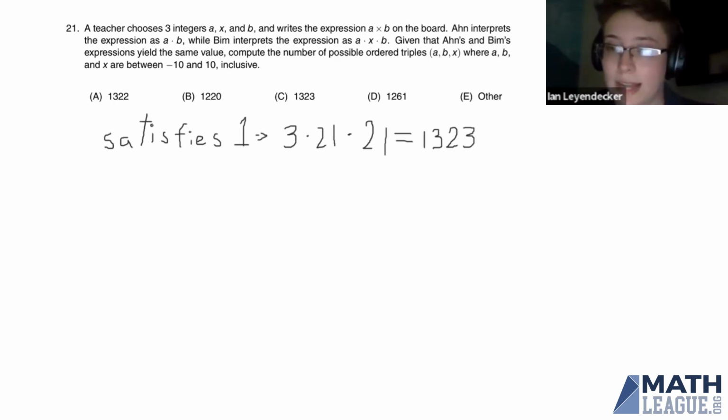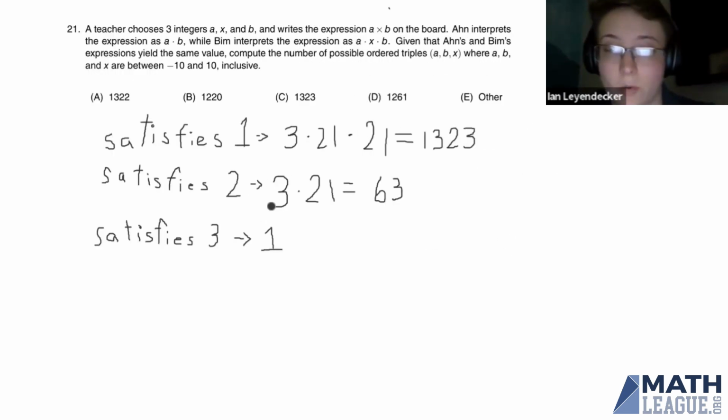Now let's say, what if it satisfies at least two of our rules? Then we're going to have three choices for the space that does not satisfy a rule. The two spaces that do satisfy a rule, they're locked in as the number that they have to be. And that third space that doesn't satisfy one of our rules can be, again, any of those numbers from -10 to +10.